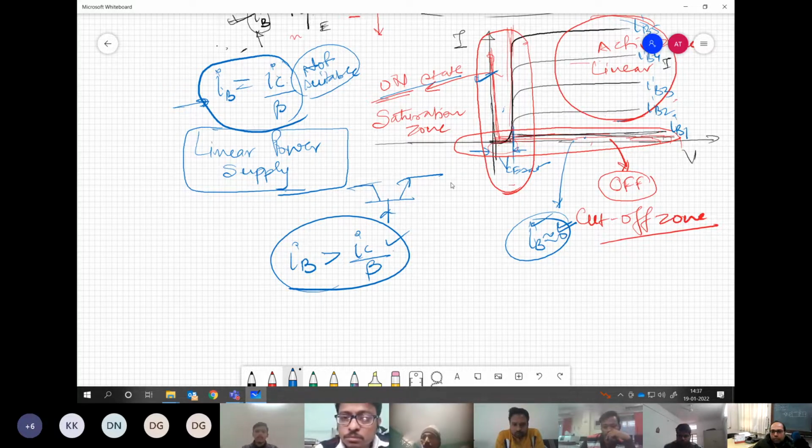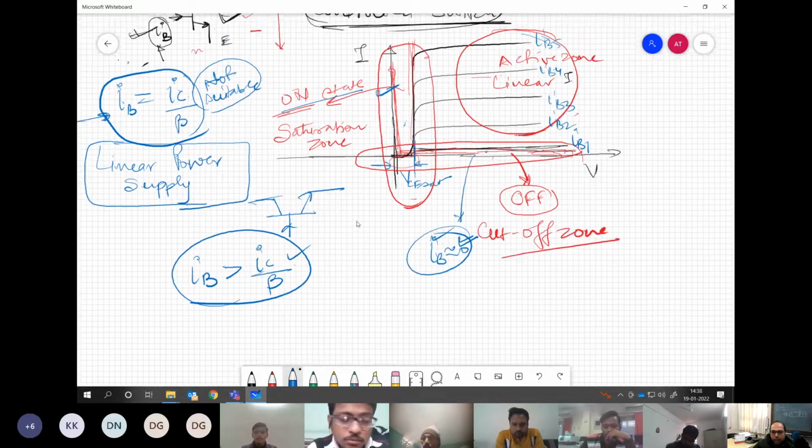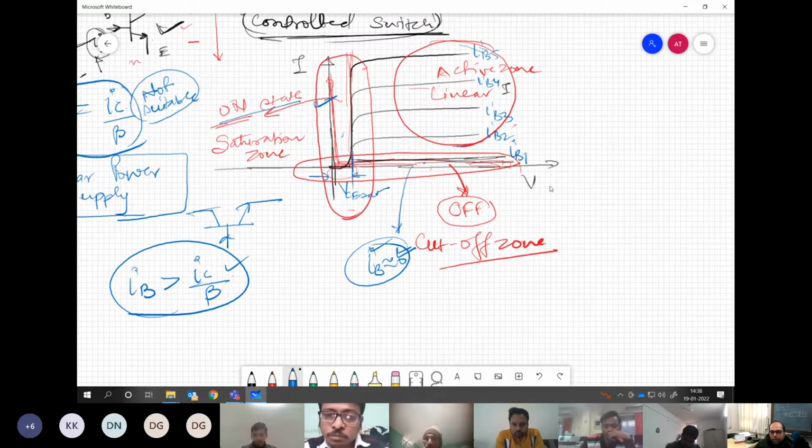Now, based on this characteristic, we can have the equivalent circuit for the device. We are never operating the BJT in this active zone. That we must be clear about when we are using it in a power electronic converter, not in a linear power supply. When we talk about the on state, there is some voltage drop associated with it, called VCE sat.